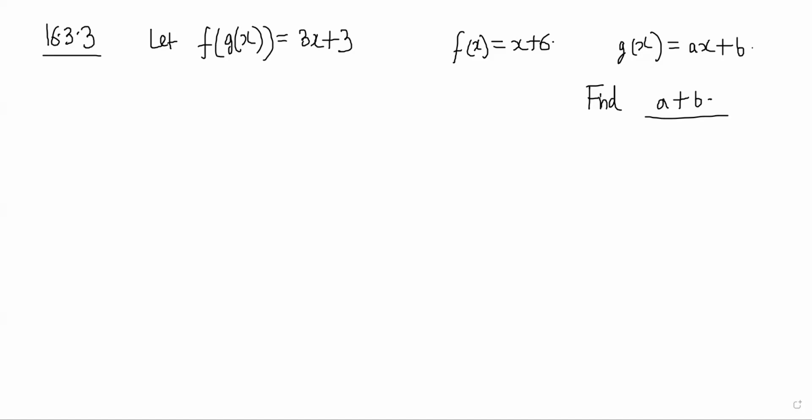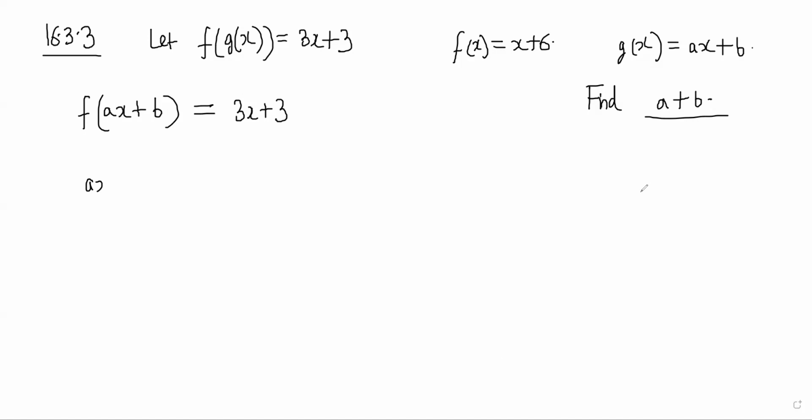So I put x times ax plus b plus 6 is equal to 3x plus 3. So then you get ax squared plus bx plus 6 is equal to 3x plus 3.